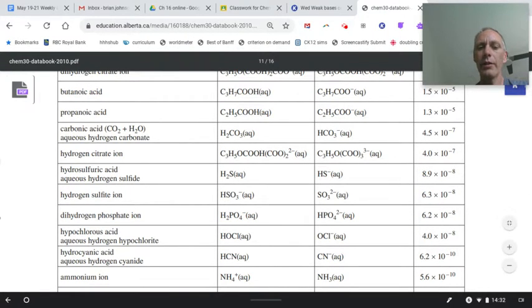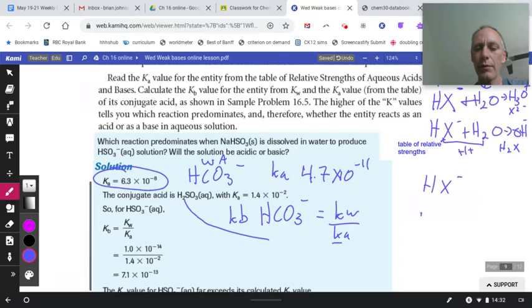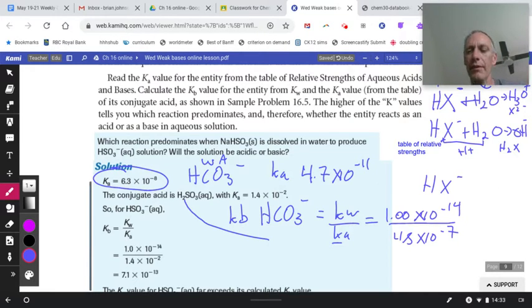We use its conjugate acid, 4.5 times 10 to the negative 7. Kw is 1 times 10 to the negative 14, divided by 4.5 times 10 to the negative 7, which is 2.2 times 10 to the negative 8.